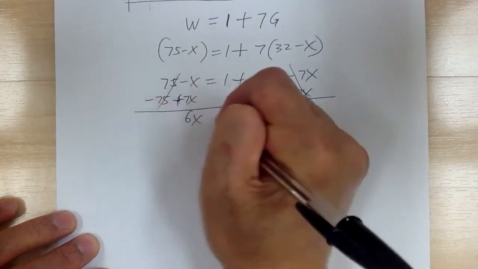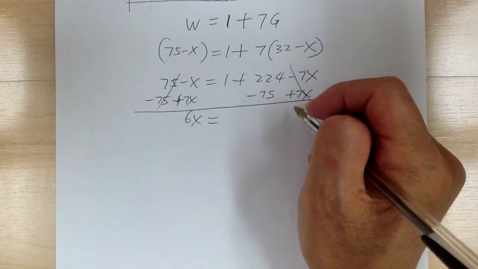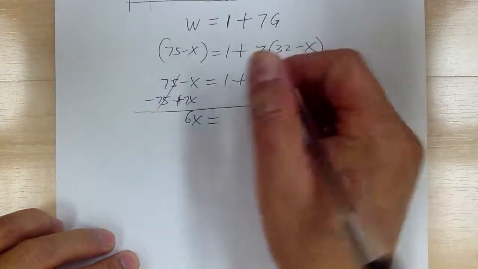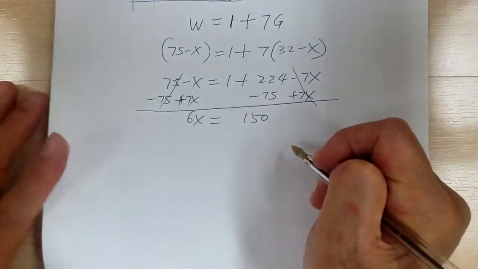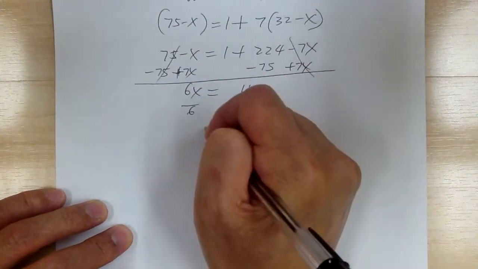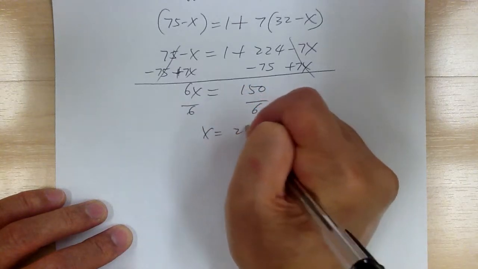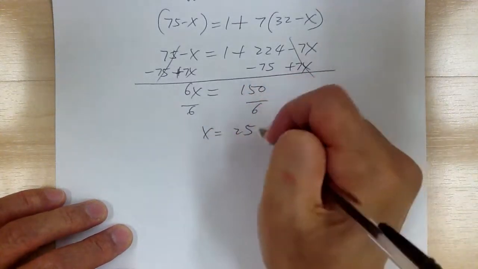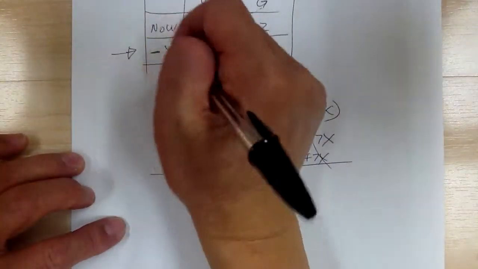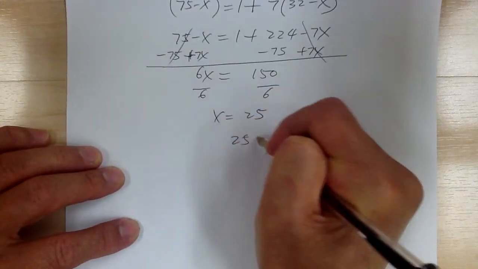So I get 6x equal to, and you get your calculator and you go ahead and work it out. So just punch in the numbers, you get 150. And then you divide by 6. So x equal to 25. And read the question. So it asks for how many years ago. So you're looking for this information. So in this case, it'd be 25 years ago.